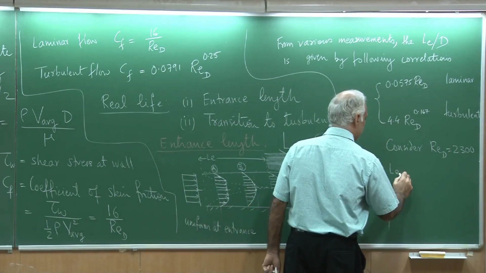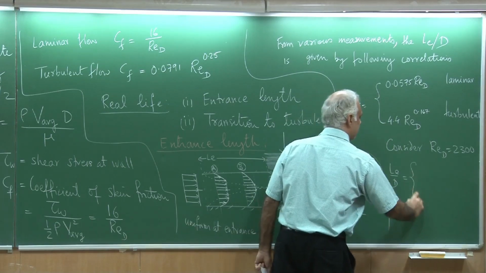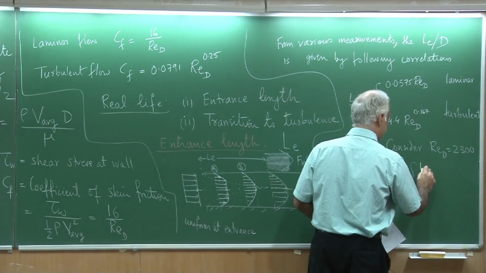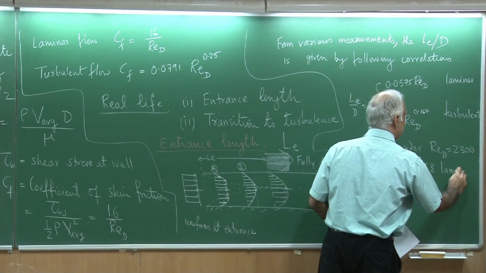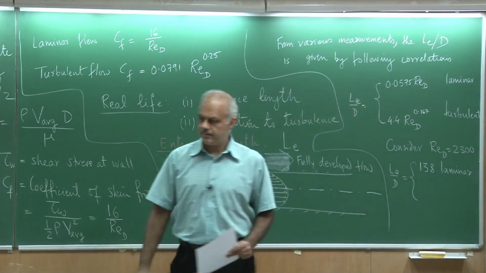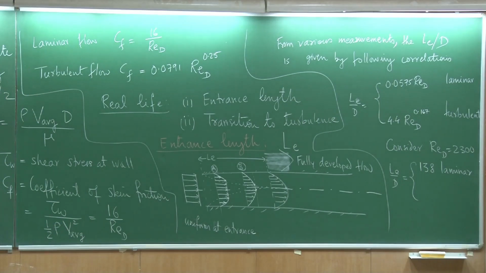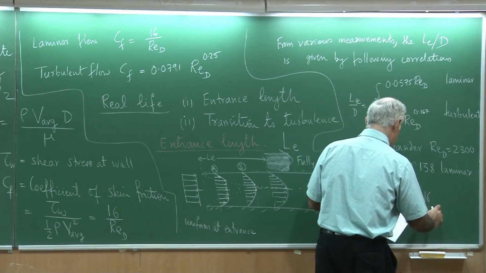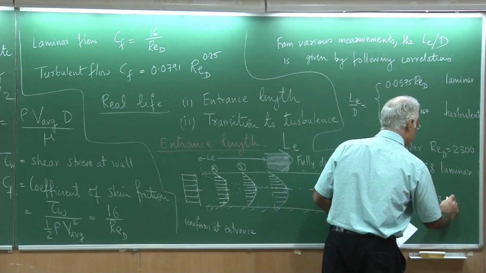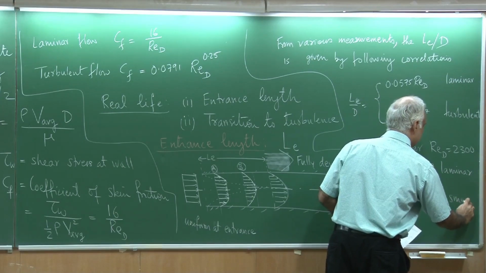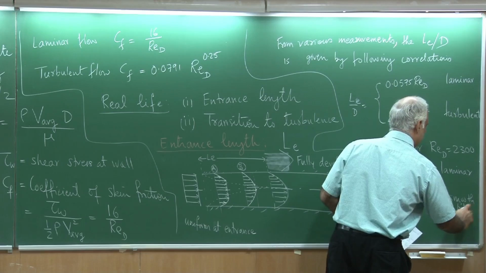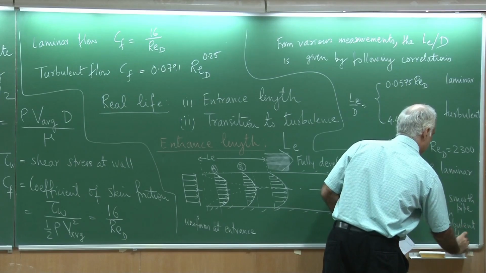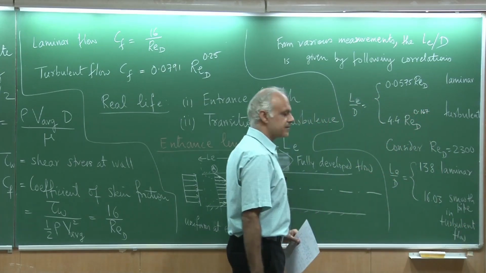It turns out L_E by D, for this Reynolds number, I have worked it out, would be 138 for laminar, and it is 16.03 for smooth pipe in turbulent flow. And that is what I would get from this correlation.